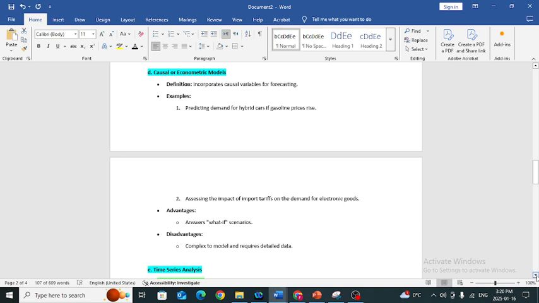But this model has some disadvantages. Because it incorporates causal variables, it is very complex to model and requires detailed data, and it takes time.